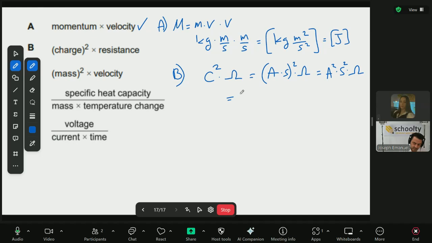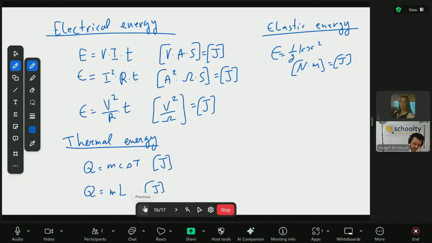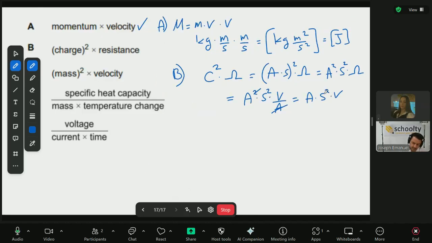Resistance, ohm, is actually voltage by ampere. So we take out the ampere, so you have A s square V. Let's see if we have something similar. AVS, you say AVS and not AVS square. So this is not correct, because joule is ASV.